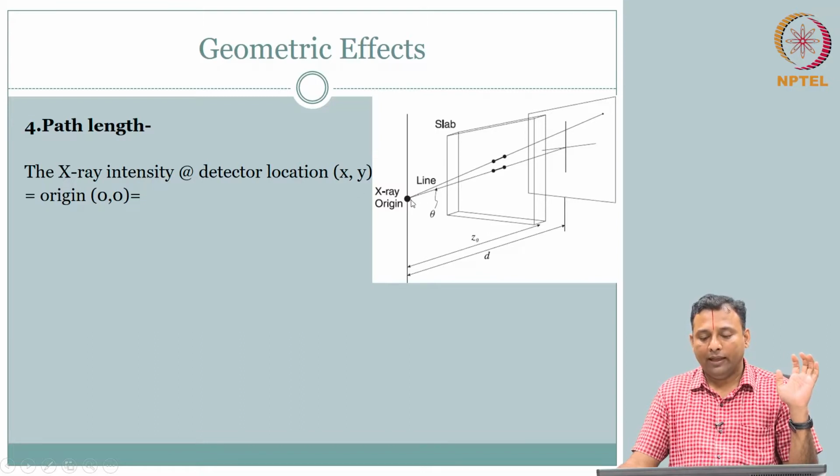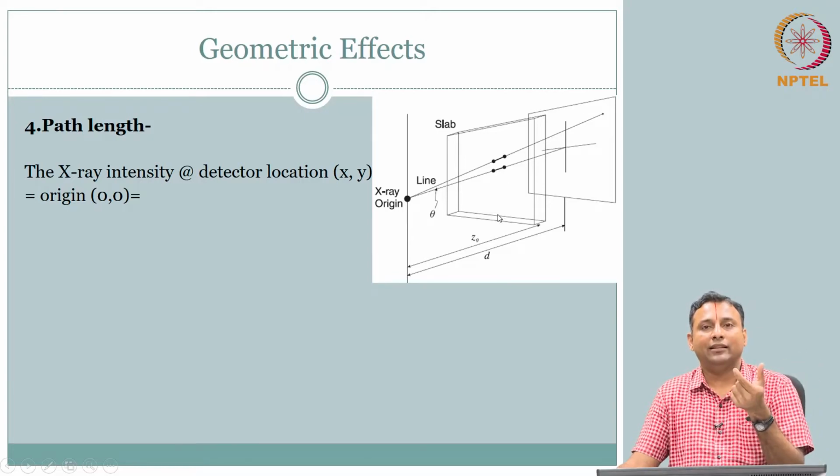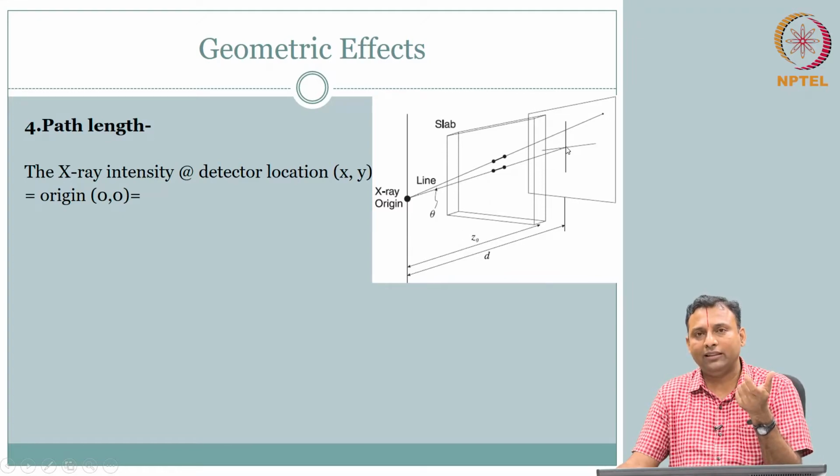The X-ray going along the center is going to go through a path length of the object thickness, same material. What is at the origin here is going to be attenuated by a path length that is only delta x.